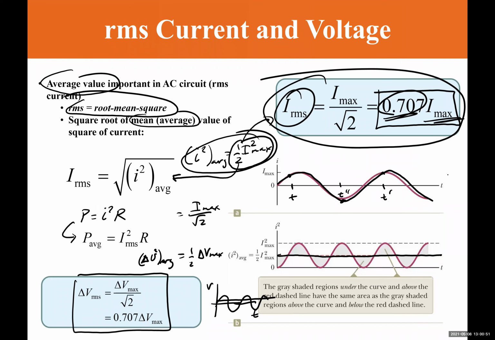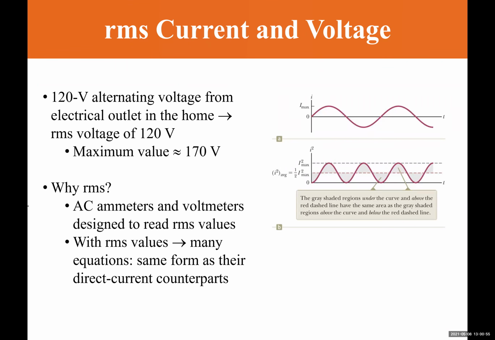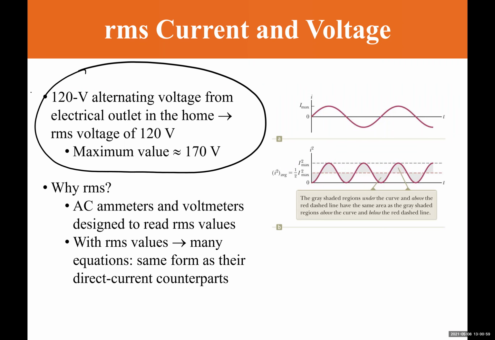Again, the advantage of using RMS values is because, for example, the 120 volt alternating voltage from electric outlets is actually an RMS value. So when you look at 120 volts, it's the RMS value, and that means the maximum value is actually 170 volts.